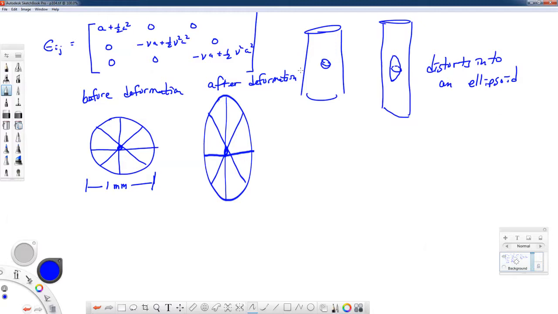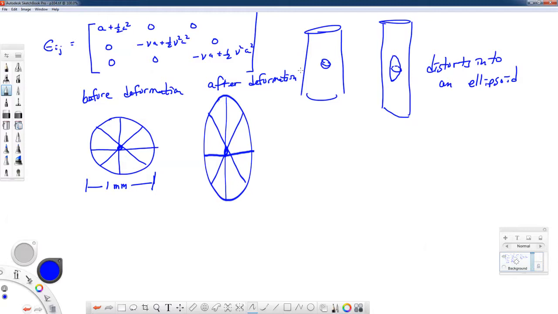And it really makes sense in this particular case, but what we'll find out is that for any continuous body that undergoes a deformation, we can imagine there being a strain ellipsoid that came from a sphere in its original configuration.